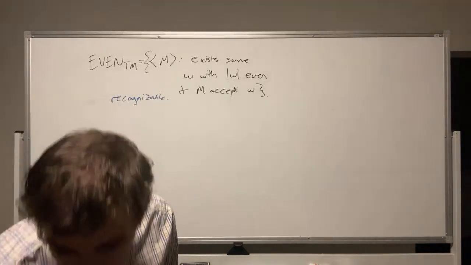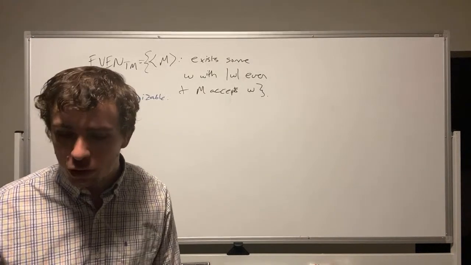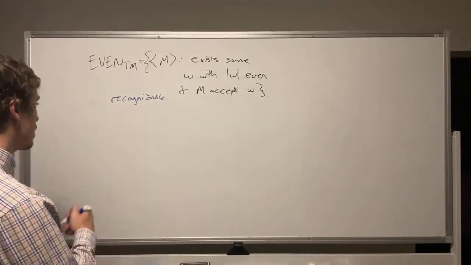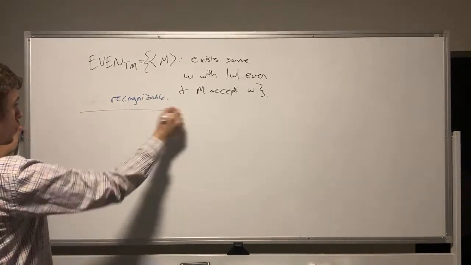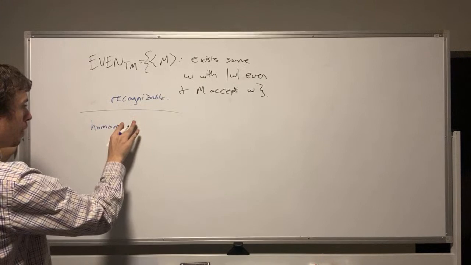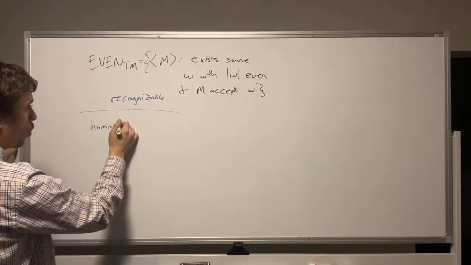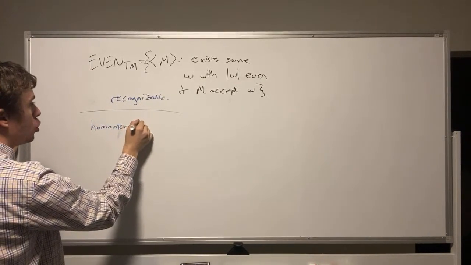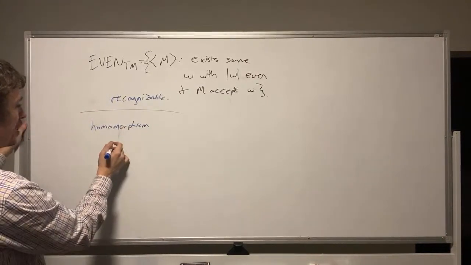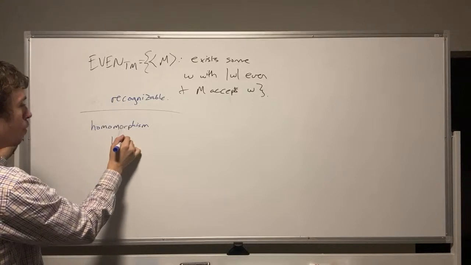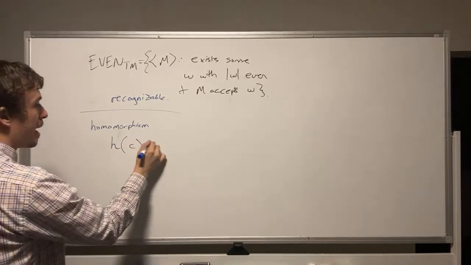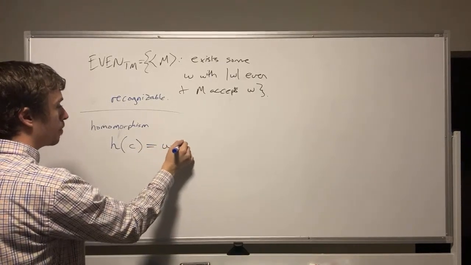Can you prove that the class of context-free languages is closed under homomorphism? Sure. So what is a homomorphism? I'm going to give the easy answer for what a homomorphism is. There's a more general answer, but essentially it is a function that takes a character, like some character C, and outputs some string.